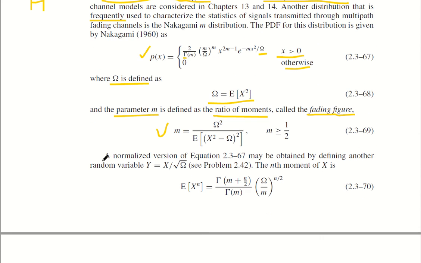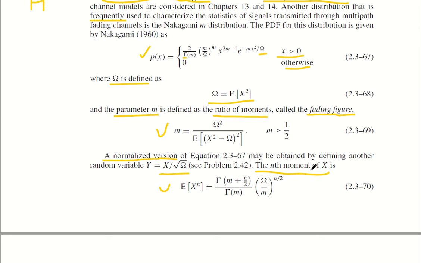Okay, and a normalized version is obtained by defining another random variable y equal to x divided by the square root of omega. For this normalized version, of course, it has different properties, which we may be able to talk about in problems or practices, but here we still focus on the regular version.